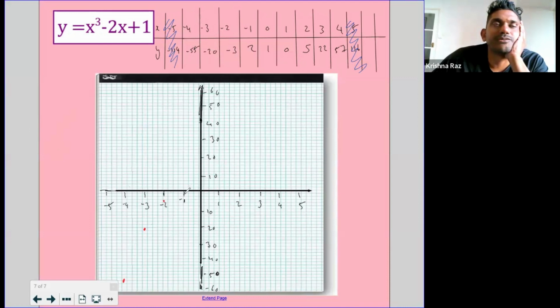Minus 1, 1, about there. 0 and 1, about here. 1 and 0, that'll be there. 2 and 5. 3 and 22. 4 and 57. So that's that. Draw it with a smooth curve.